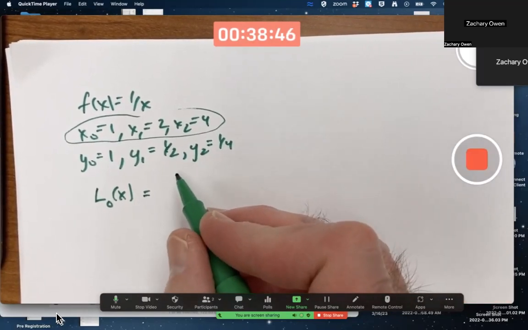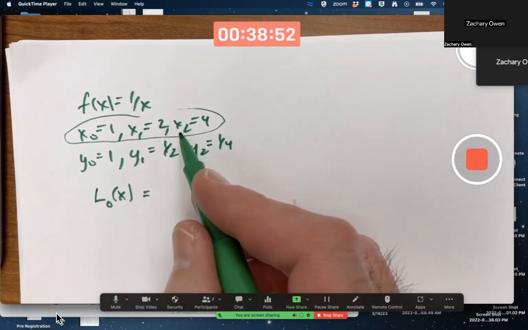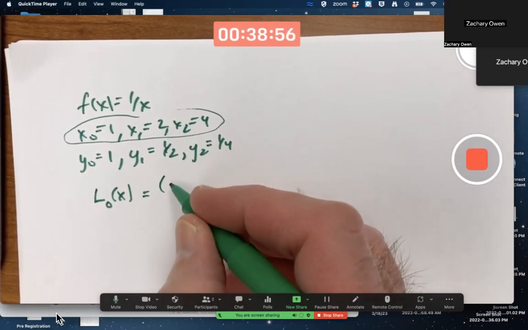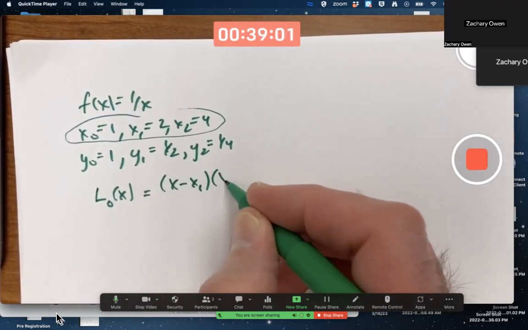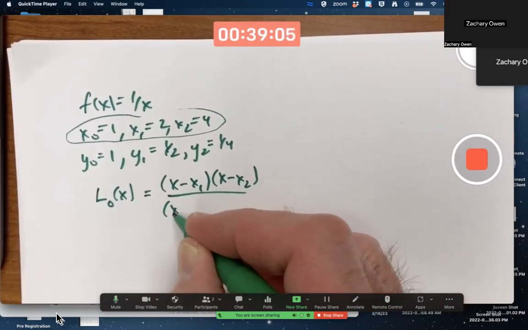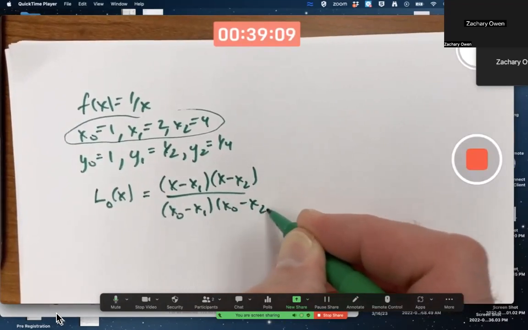How can we make a quadratic polynomial that is 1 when x is x0 and 0 when x is x1 or x2? We could write it like this: x minus x1 times x minus x2 divided by x0 minus x1 times x0 minus x2.